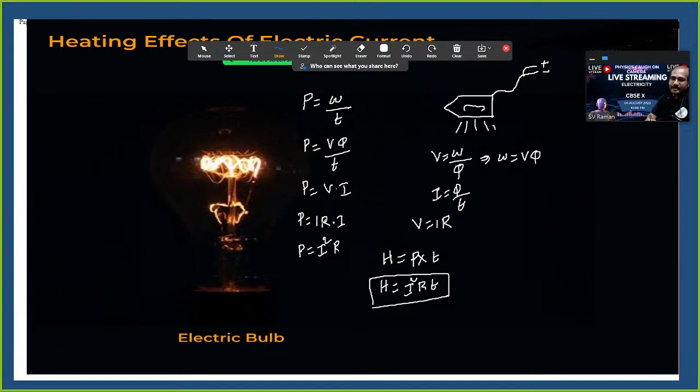Substitute IR over here. So IR into I, we can write I square R. That is power P. And finally we need heat energy from electricity. We need to give power, and it will take some time T. So H is equal to P into T, and in place of P, I square R we have substituted. So H is equal to I square RT is the heating effect, or Joule heating effect. These words they'll ask in CBSE.